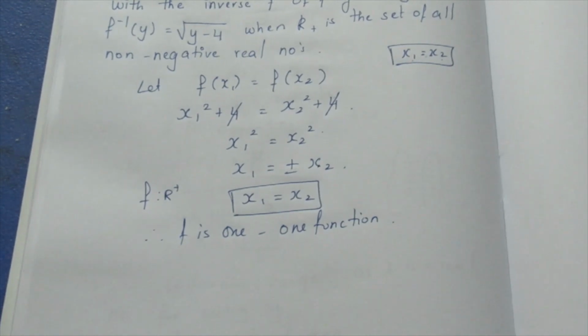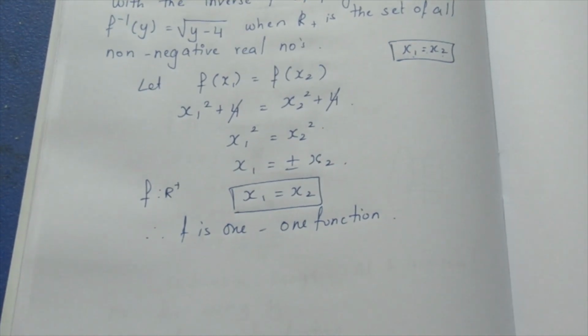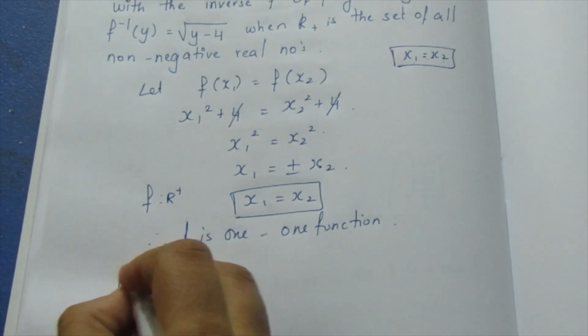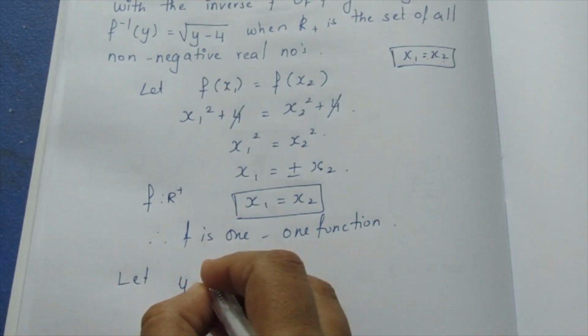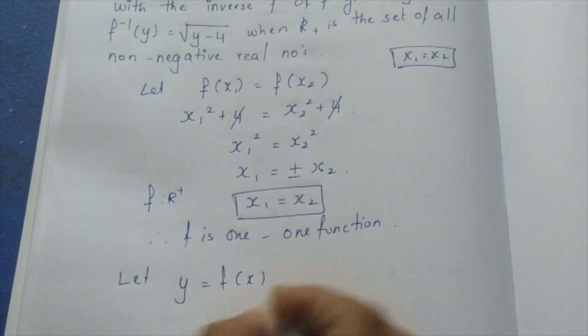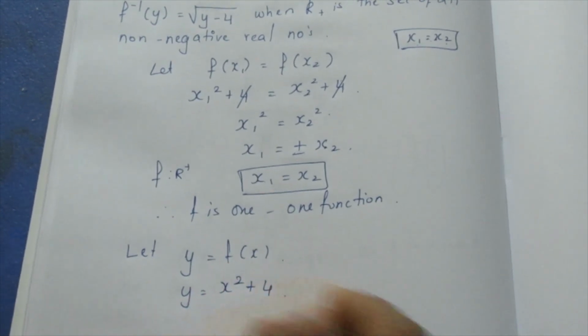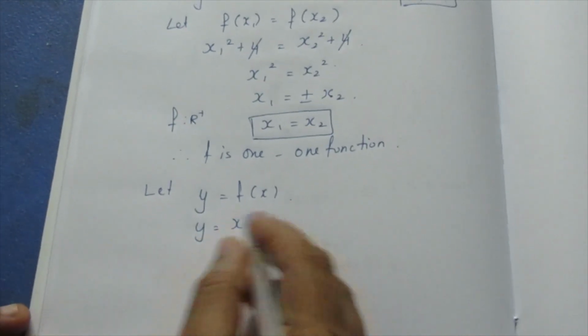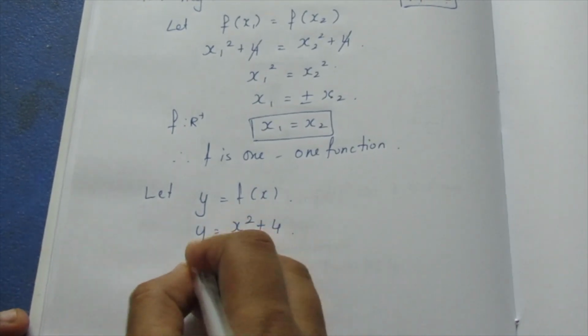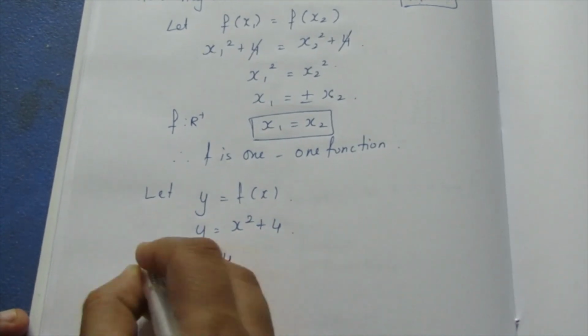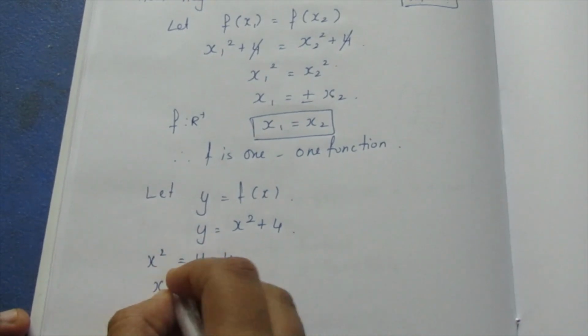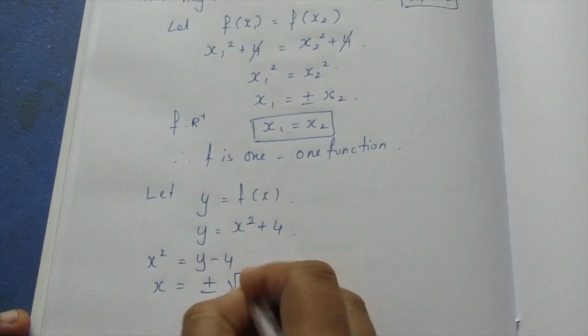Now we need to prove the onto function. For that, let y be equal to f of x. So y is equal to x square plus 4. I want this written as x is equal to, so bring 4 to the side. So y minus 4 is equal to x square. Square to the side, it becomes plus or minus root of y minus 4.